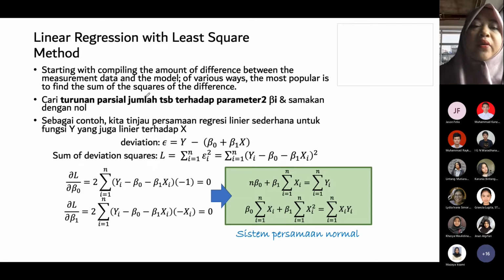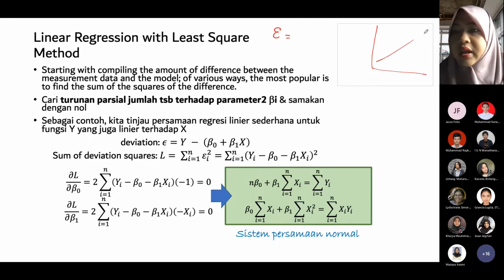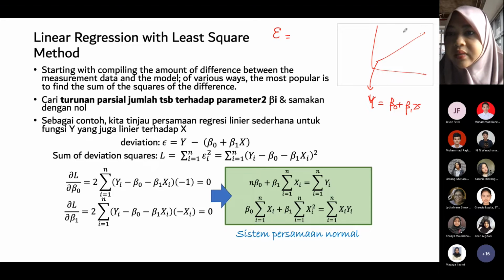Okay, so we start with the deviation or the error. First I have to have a very quick sketch there. Okay, if we have this one, this is y equal to b0, beta 0 plus beta 1 x, and this is, for example, the data.